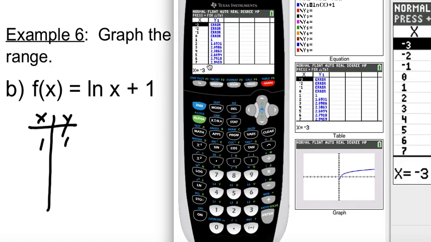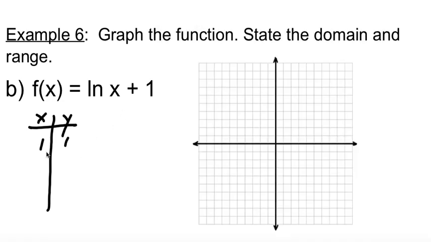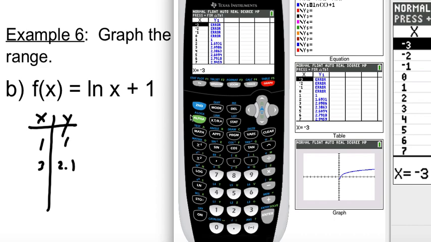Let's look at some of the rounded answers there. So maybe like 3 and 2.1. No, I'll probably just jump up there and look at something farther up. So maybe like, I don't know, 8 and 3.1.